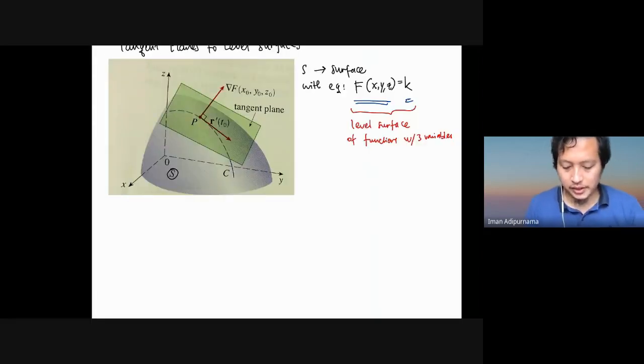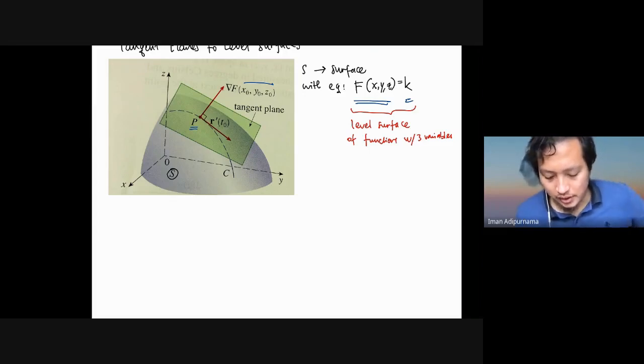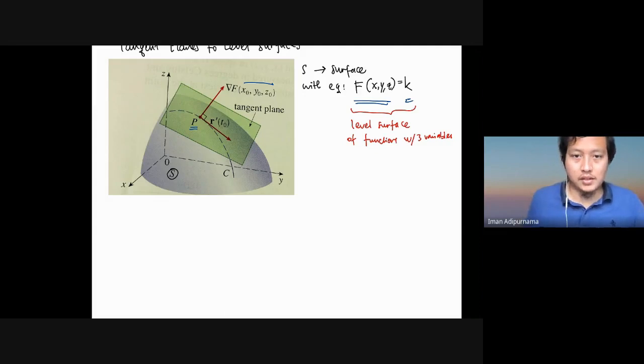Okay, now look here. We have the gradient vector at this point P, and we have the tangent plane. And of course we have learned on this r prime, the tangent line, right?